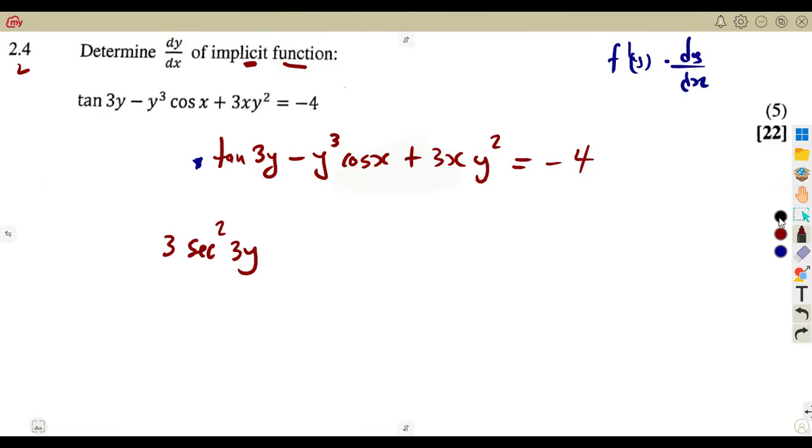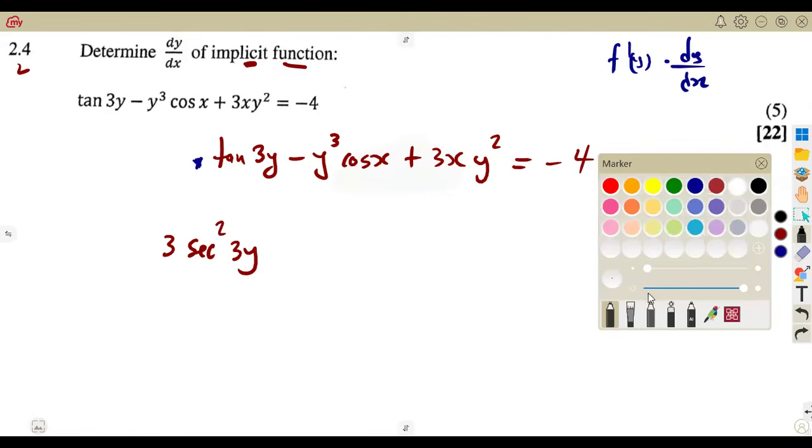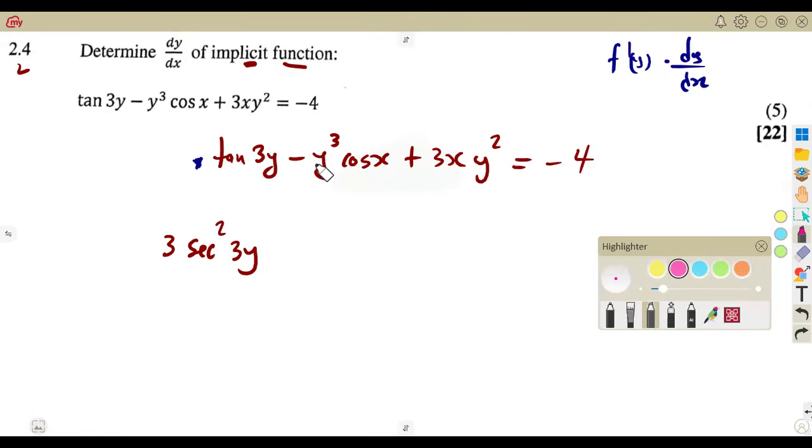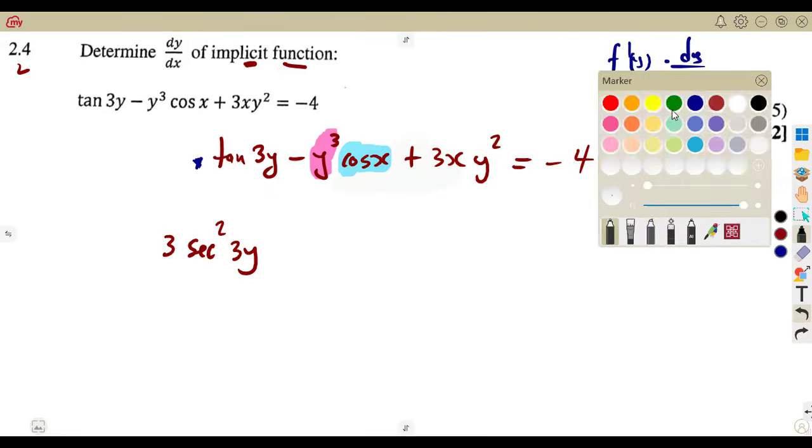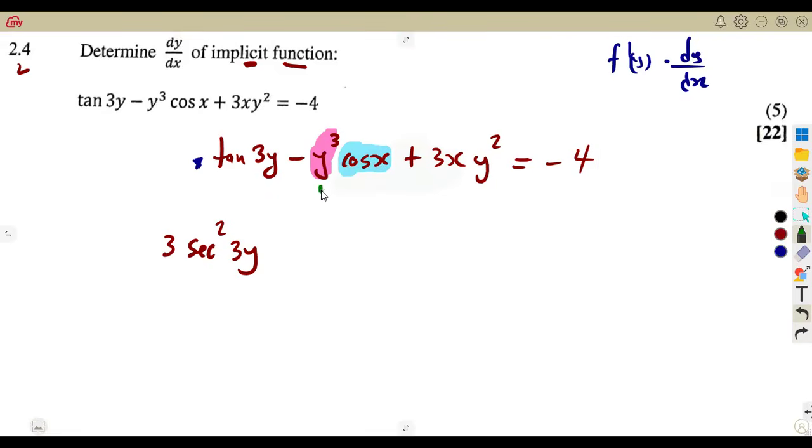The next part that we can have, that we are seeing here, is a product. As we can see, let's just try to separate this. It's a product, this being multiplied to the cos of x. Remember, y is supposed to be differentiated, so we have to consider it as a product there. So say we've got our u and our v.